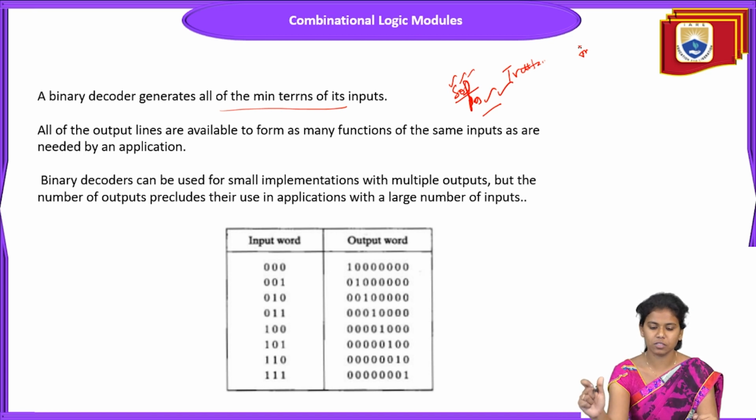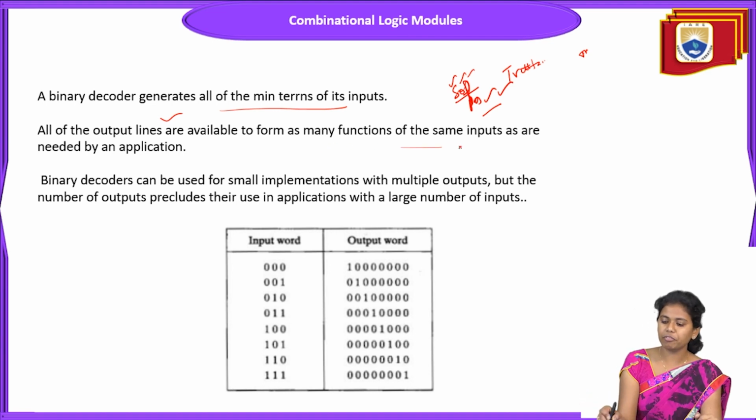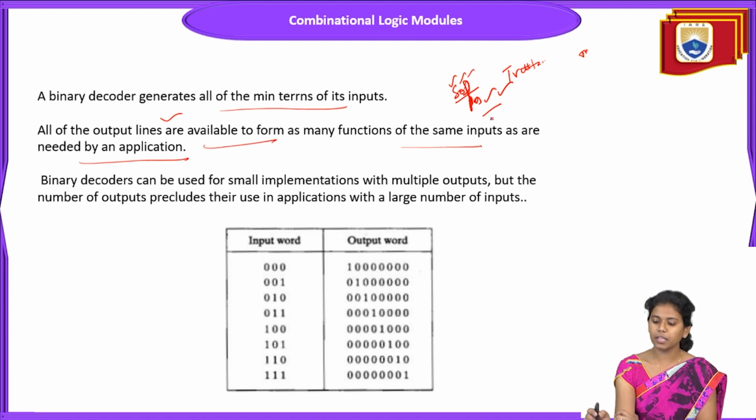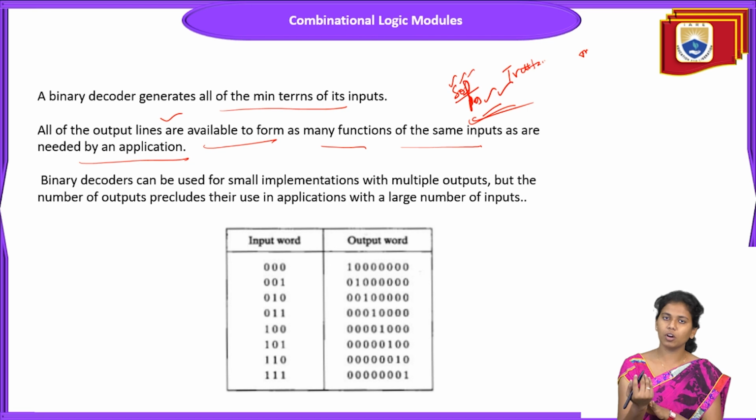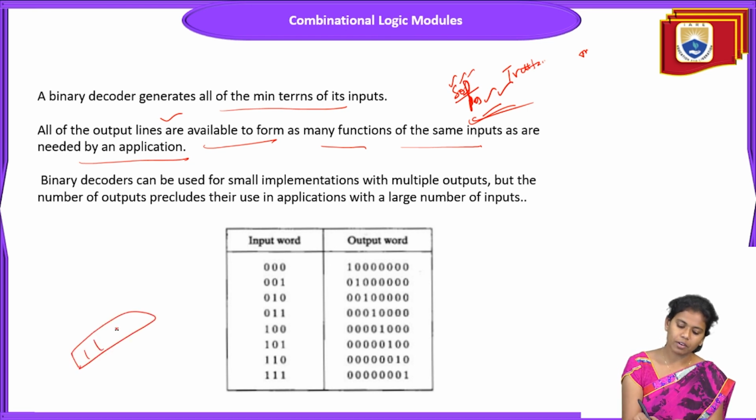with respect to the binary expression. So here all the output lines are available to form as many functions of the same inputs as are needed by the application. In order to write some function, we can write it with respect to the input.